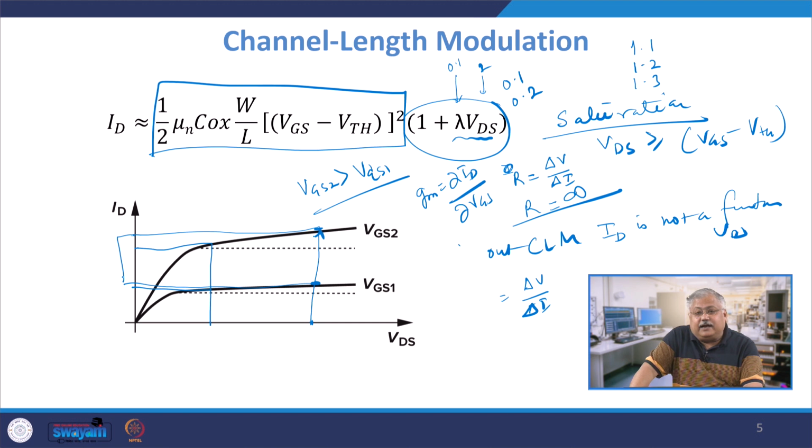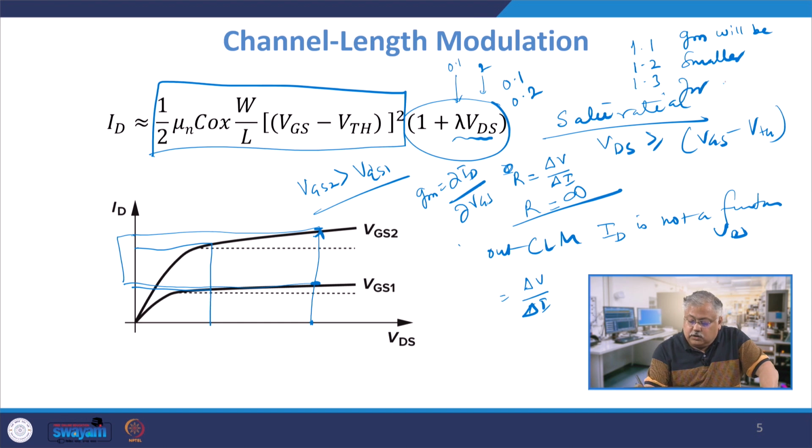Which implies that for a higher value of VDS, del ID by del VGS will be larger, whereas for a lower value of VDS, del ID by del VGS will be lower, which means that my GM, transconductance, will be smaller for smaller VDS.